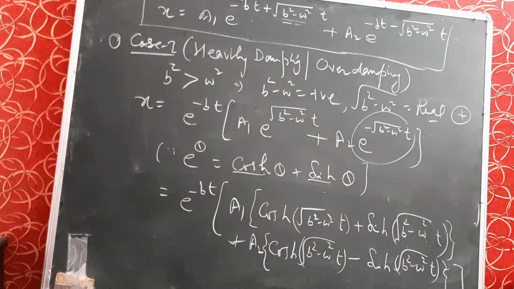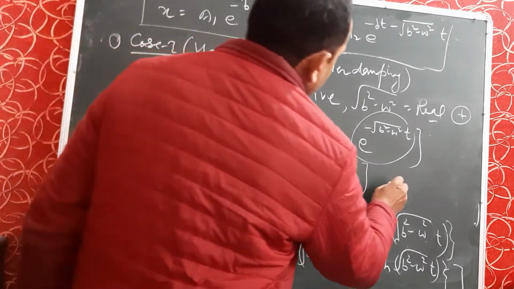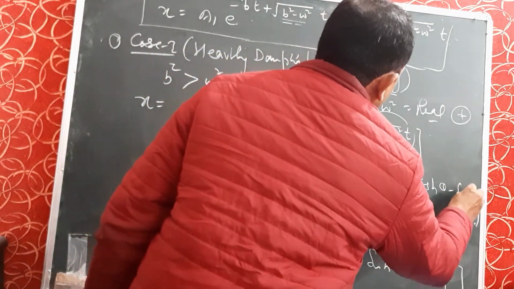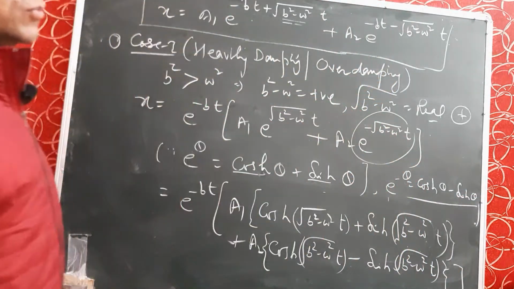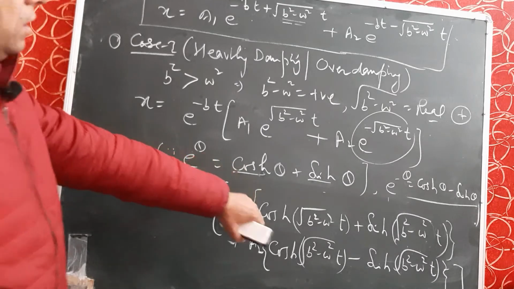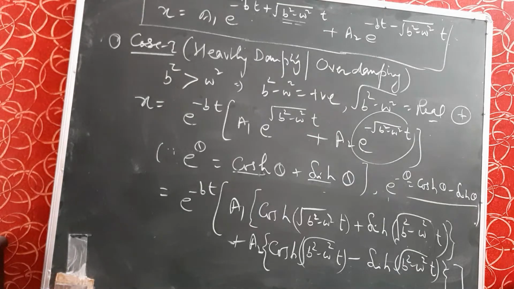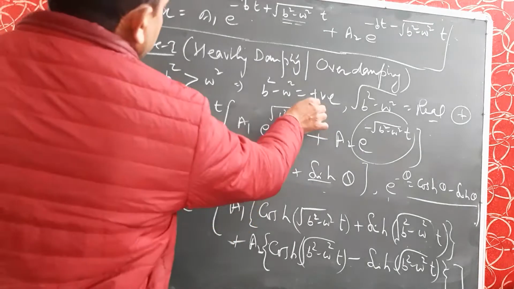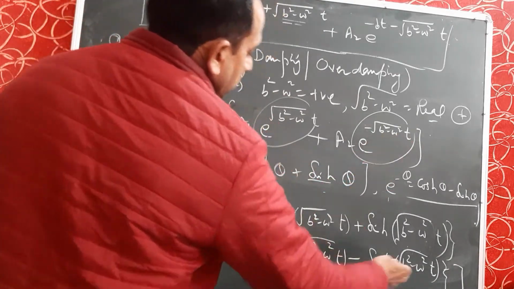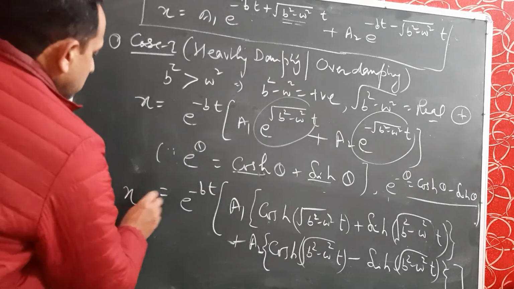I have used these formulae: e power theta is cos hyperbolic theta plus sin hyperbolic theta, and e power minus theta is cos hyperbolic theta minus sin hyperbolic theta. On putting these values, we get the value of x like this.